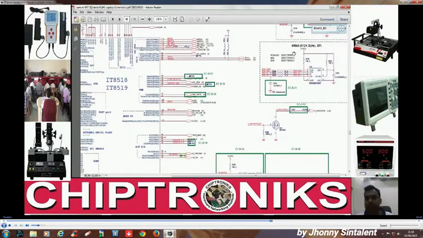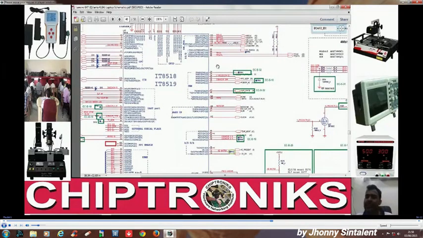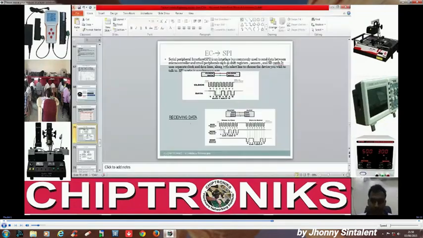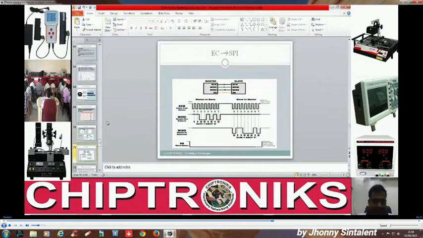And the SPI interface is used between the IO controller and BIOS chip, and also between PCH and BIOS. As we know, there are two types of BIOS chip implemented on notebook motherboards these days. So we go to the next slide, and the next slide is just the representation of what I have spoken.